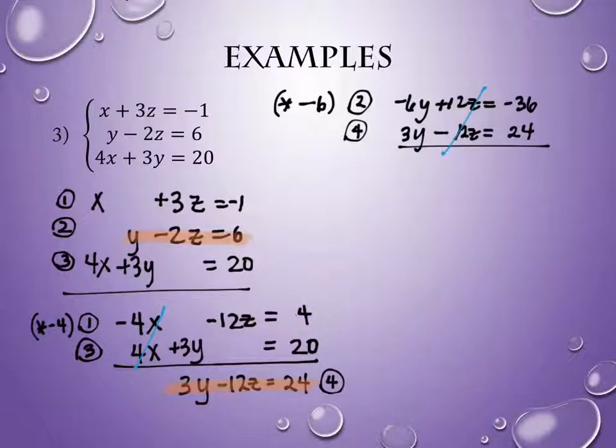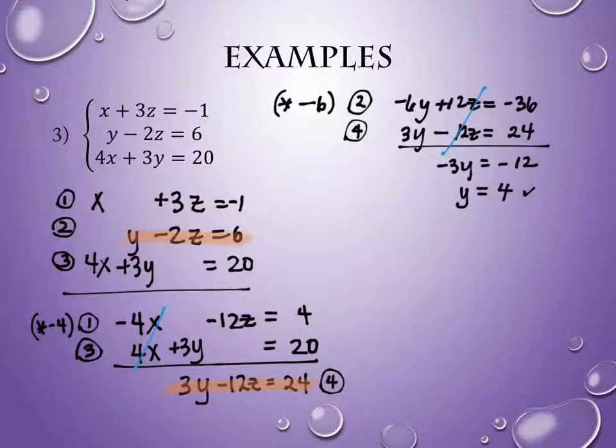And of course, these add to 0. I have negative 3y equals negative 12. So what is y? 4. And I have one of my three variables solved for.